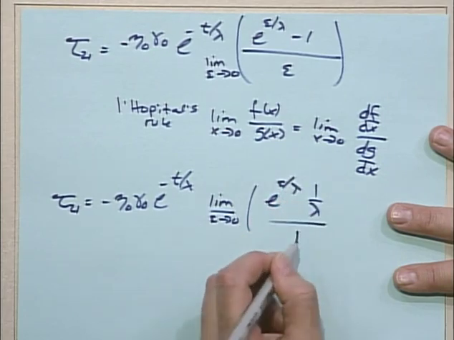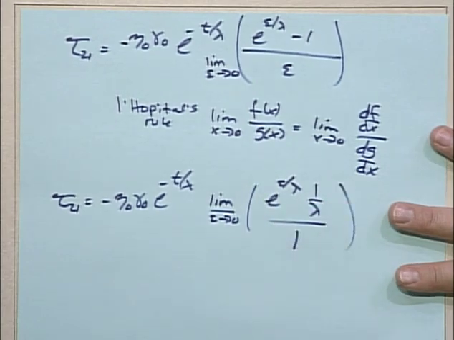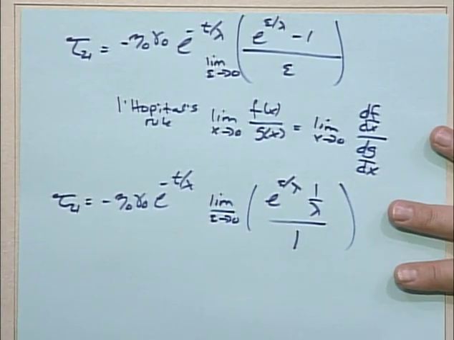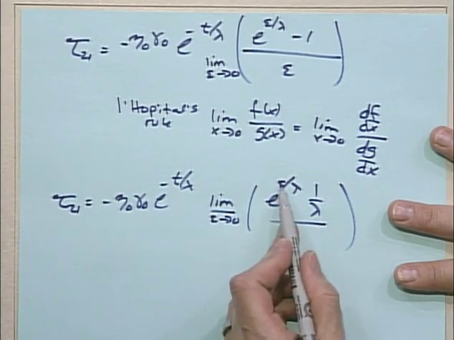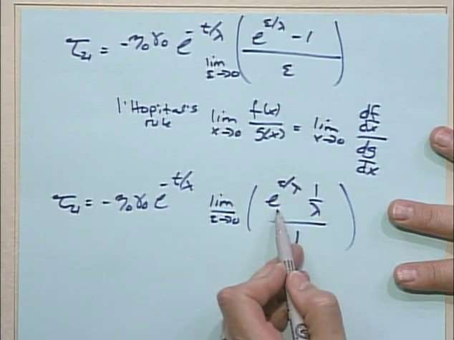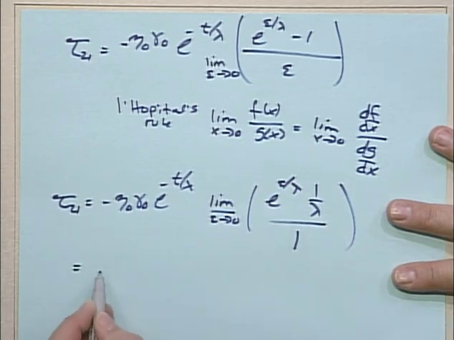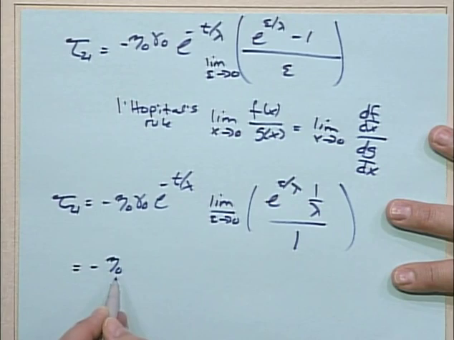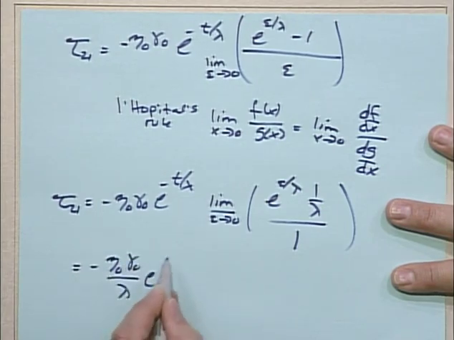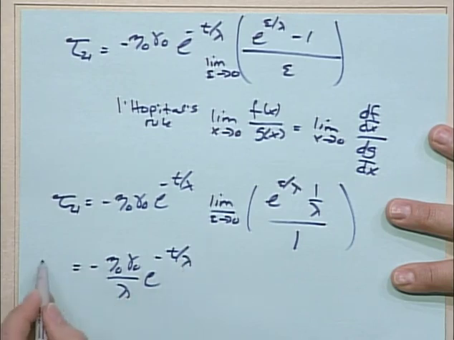Derivative of the denominator is 1. What does that go to? 1 over lambda. As epsilon goes to 0, this becomes 1, and there's a 1 over lambda there. So I get eta naught gamma naught over lambda e to the minus t over lambda.